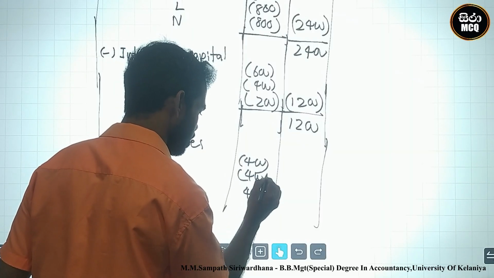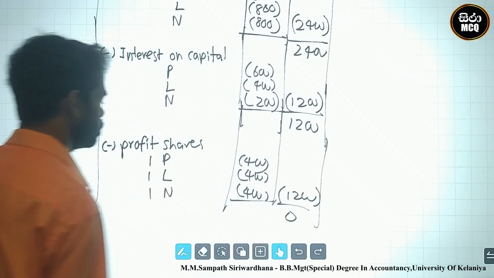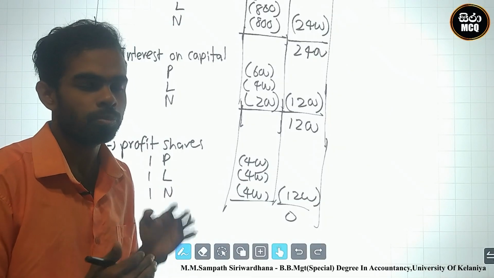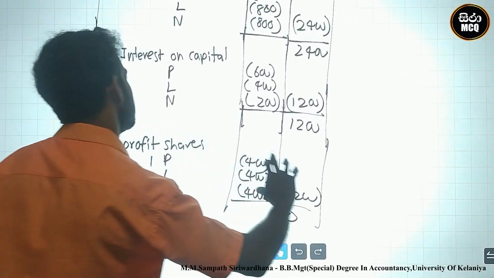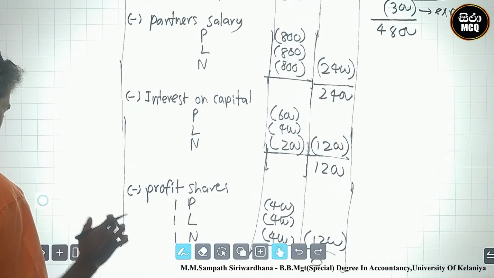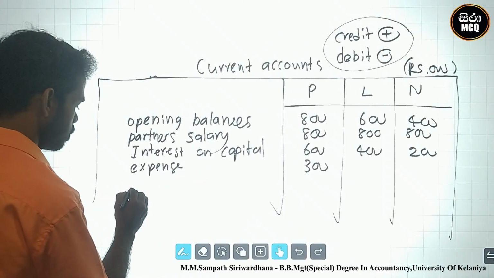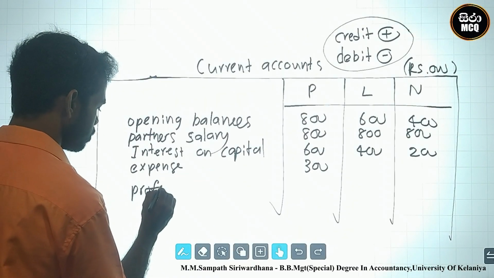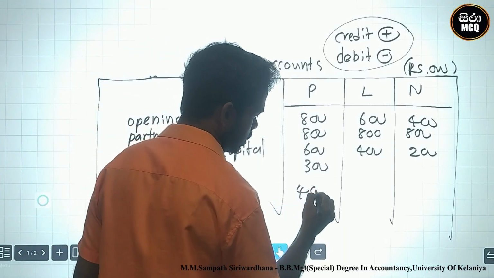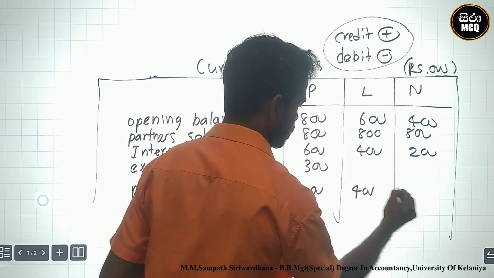This is the profit shares. Okay, these profit shares should be credited to current accounts. Therefore 400 for every partner. 400 for every partner we must credit to current accounts. Okay, this is the current accounts profit shares 400. This is a credit, no, credit means plus 400.